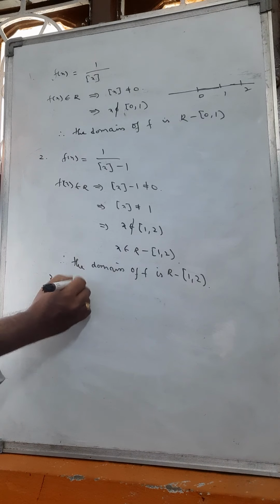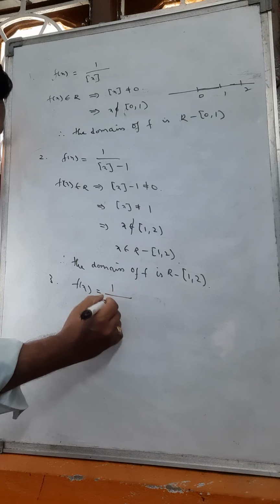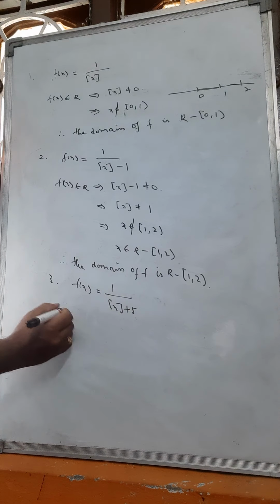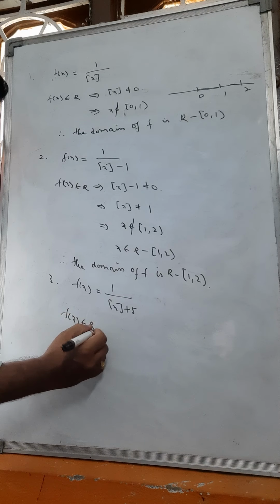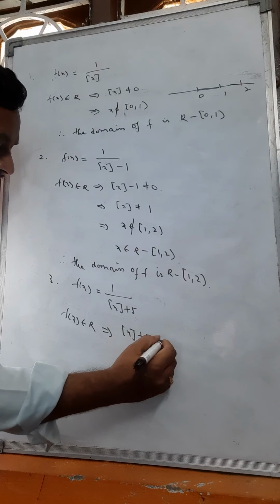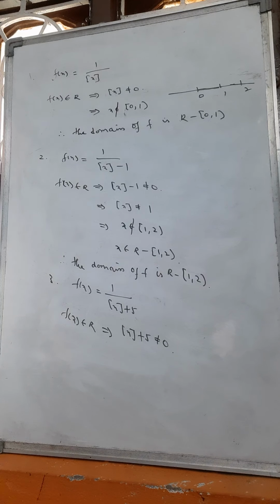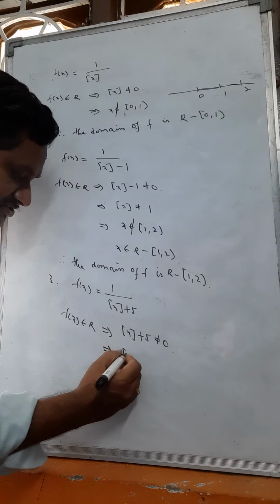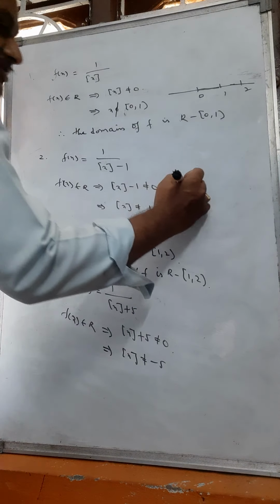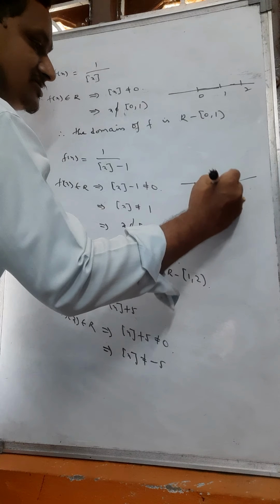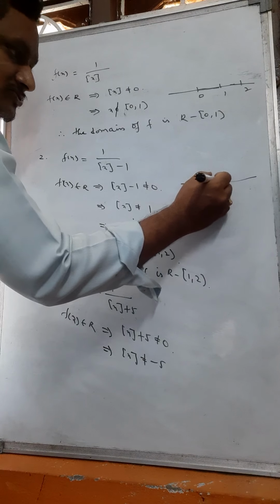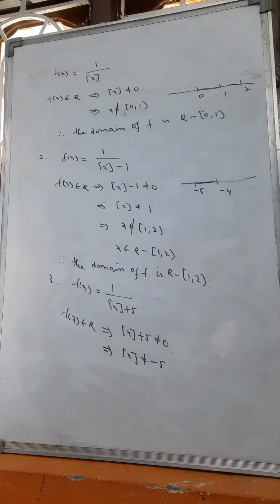So third one, f(x) = 1/([x] + 5). So f(x) belongs to R, so [x] + 5 is not equal to 0. So we will get [x] is not equal to -5. If [x] is not equal to -5, it means the values will be from -5 to -4, closed at -5 and open at -4.